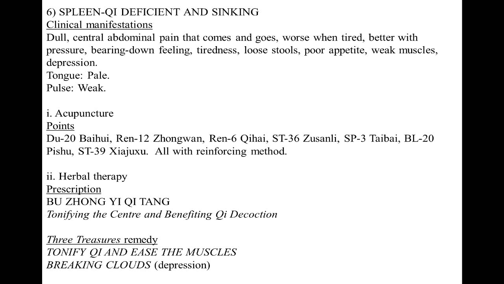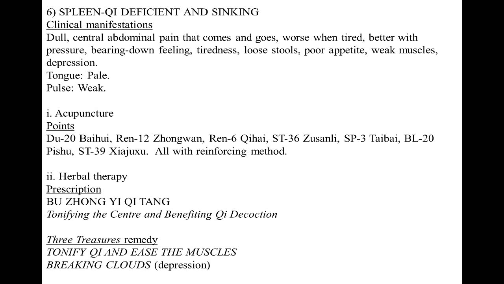And I remember particularly one patient with this pattern with an abdominal pain for many years. There's nothing wrong from the Western point of view at all, and nothing helped. Her pulse was very weak, so I thought this must be a deficiency syndrome, very weak and deep.